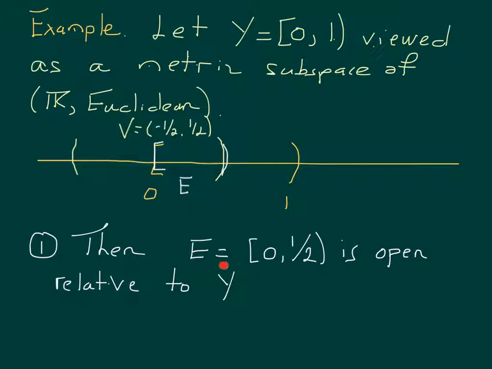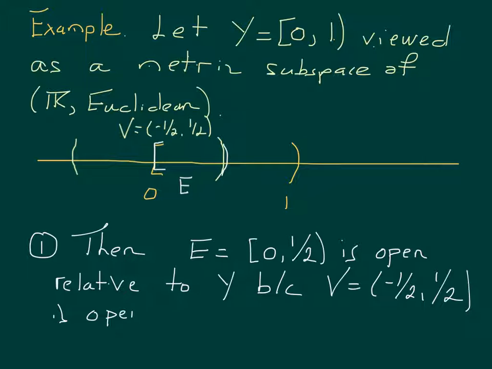So let's write that down. E is open relative to Y because V equal to minus 1/2, 1/2 is open in R. For example, V is actually the 1/2 neighborhood about 0 taken over all of R, so we can write this as N_{1/2}(0).